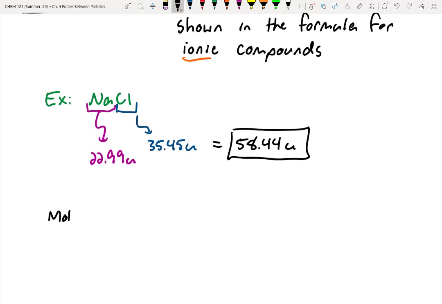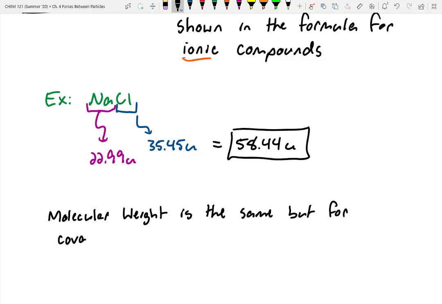Molecular weight is the same, but for covalent compounds, which we'll talk more about later.